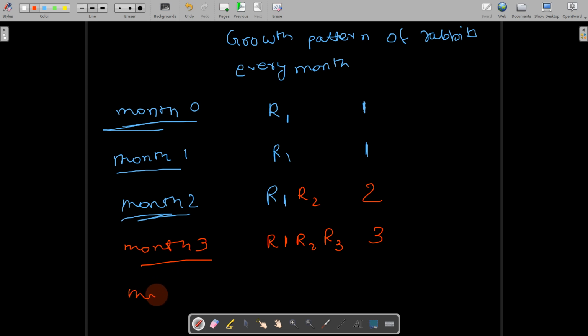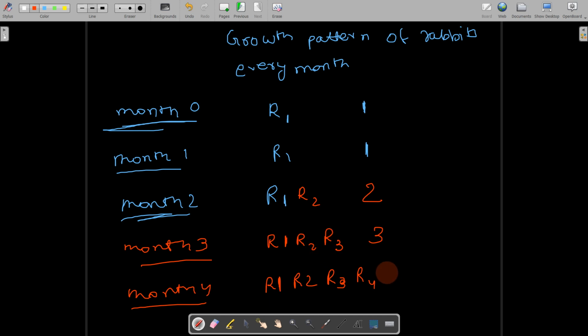What happens at the end of month 4? R1, R2, and R3 will be there as they are. Now, who became 2 months old? R2 has become 2 months old. R1 was already 2 months old, so it will produce a pair R4.